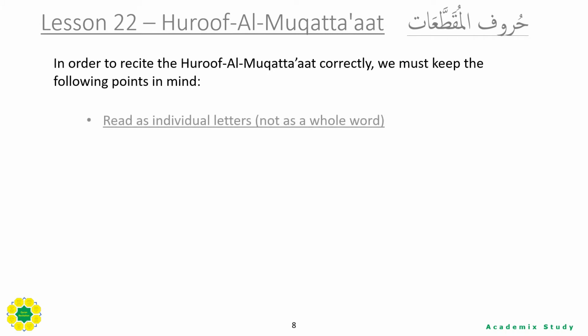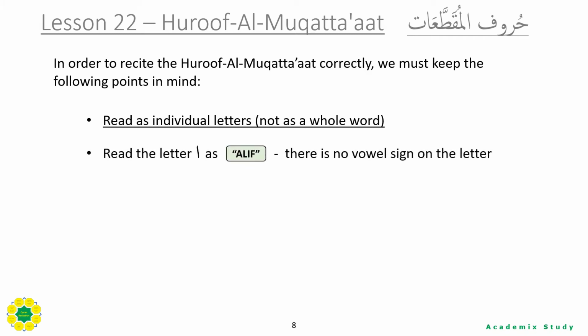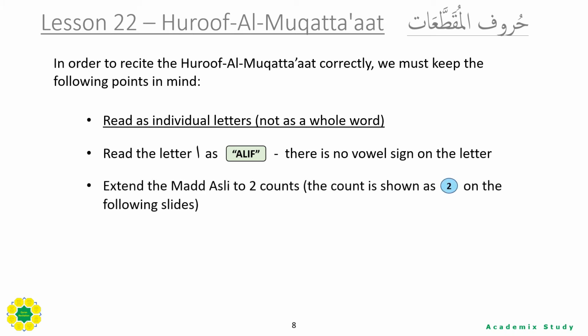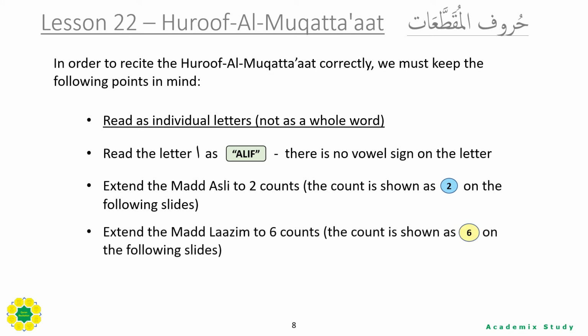In order to read Huroof Al-Muqatta'aat correctly, we must keep the following points in mind. We will read them as individual letters and not as a whole word. Alif is simply read as alif. Mad asli is extended to 2 counts and mad lazim is extended to 6 counts.